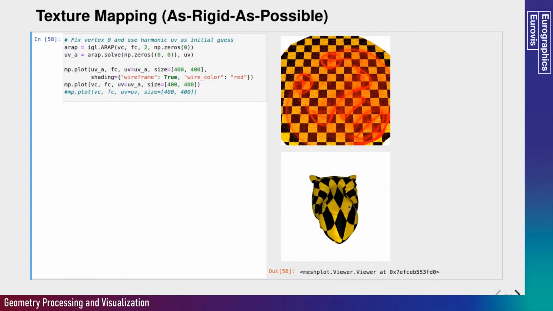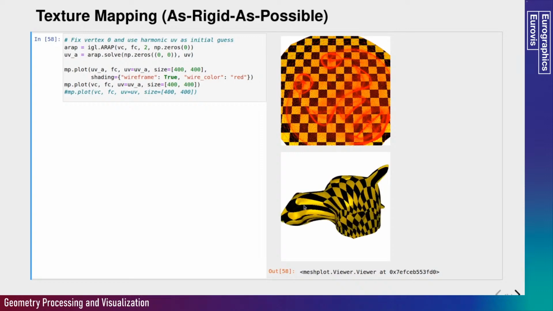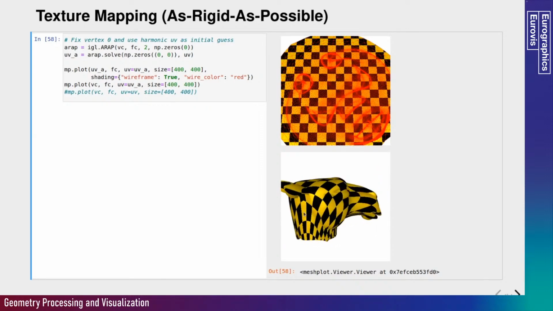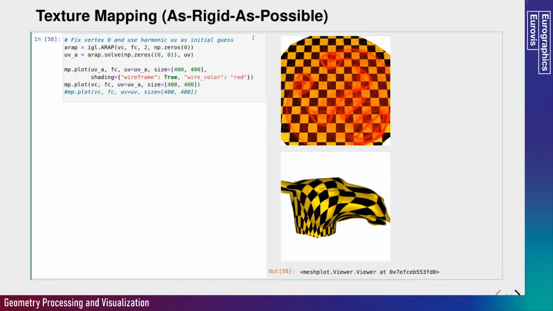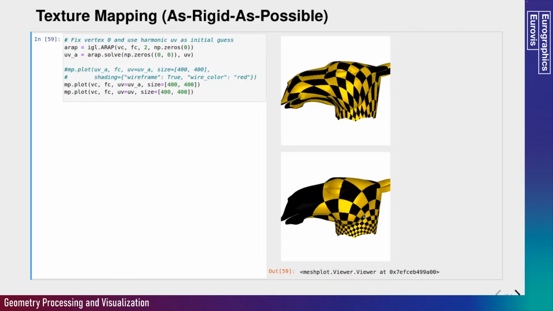We see that the checkerboard is more evenly distributed over the shape. This is due to the fact that ARAP tries to minimize the distortion in distances. So let's see this next to harmonic parameterization again, and compared to this approach, the result is quite different.